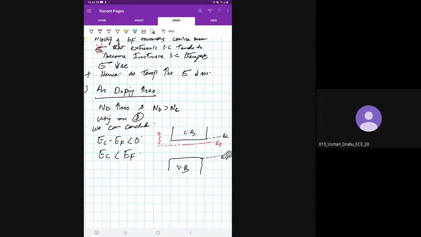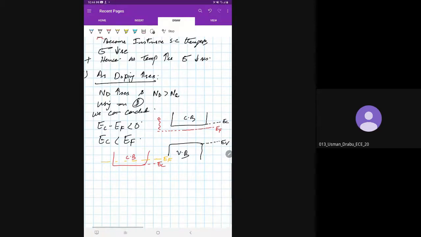It will move towards the conduction band, because for EF to be greater than EC, the situation should be like this. This is conduction band. If this is EC, then EF should be somewhere here. So EF moves towards EC and it merges inside the conduction band.